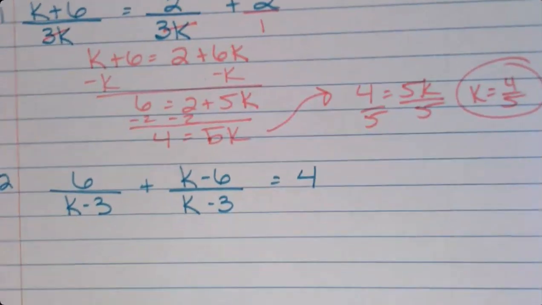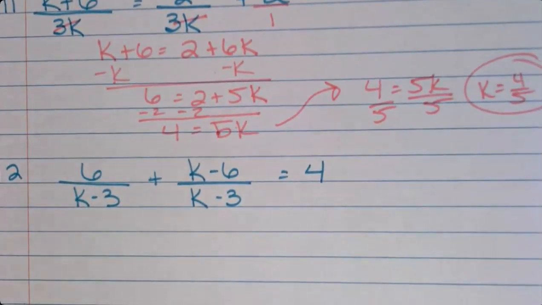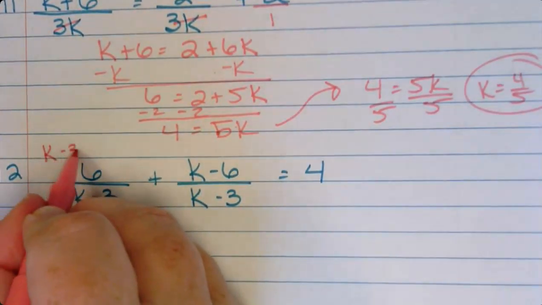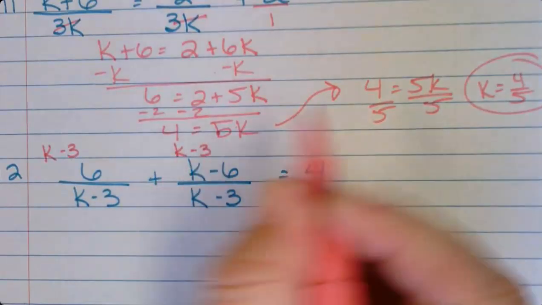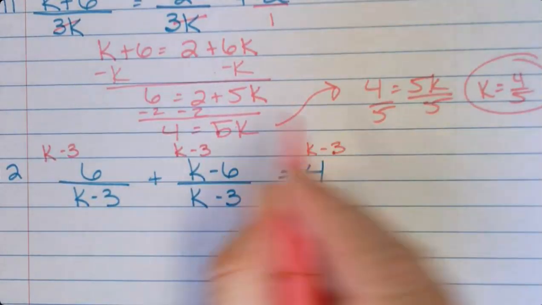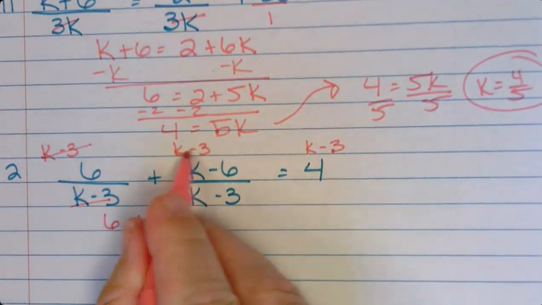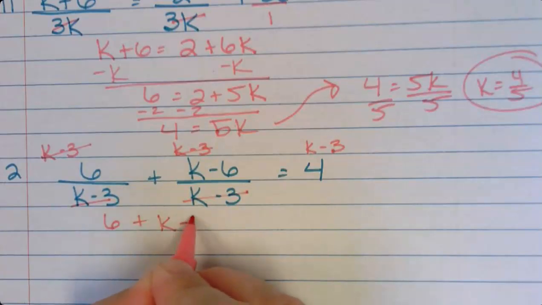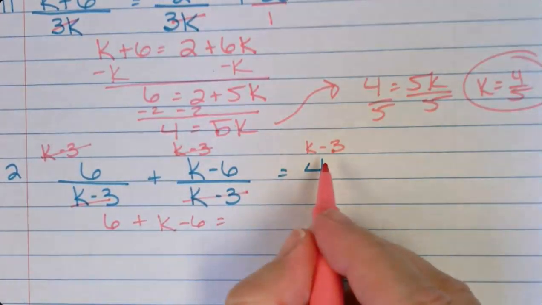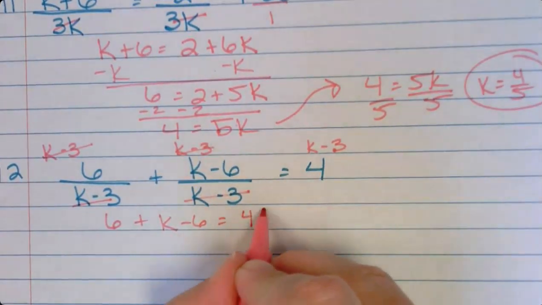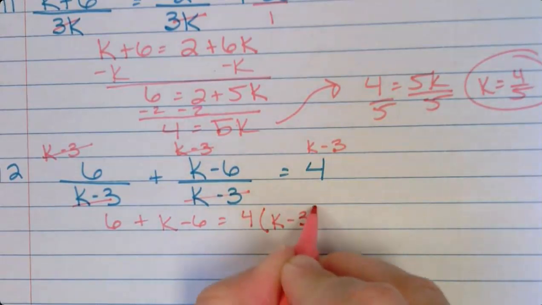We're going to do the same thing again for number 12. So k minus 3, k minus 3, and k minus 3. So these cancel, the 6 cancels, equals, please be careful here, 4 times k minus 3.